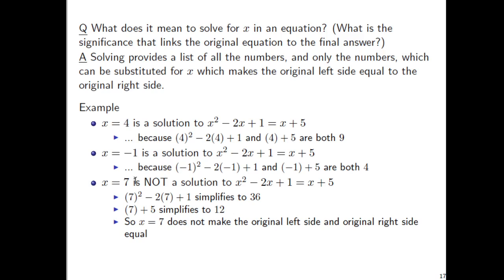Is negative 1 a solution? Is 7 a solution? And the answers to those questions were yes, yes, and no. That's a really important idea. We will later talk about how to solve this equation, but in the end, when you get your final answers as 4 and negative 1, it's important to know the connection back to the original thing.